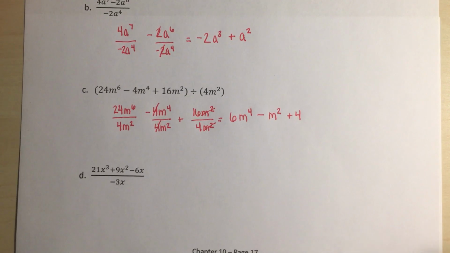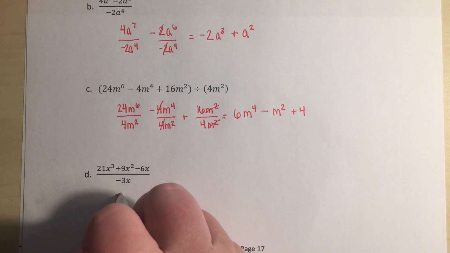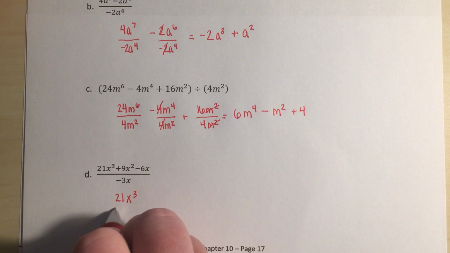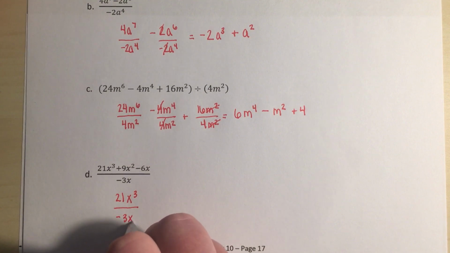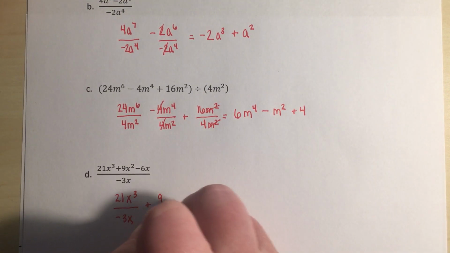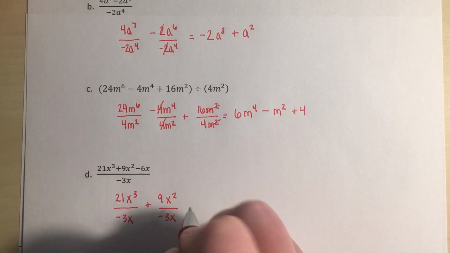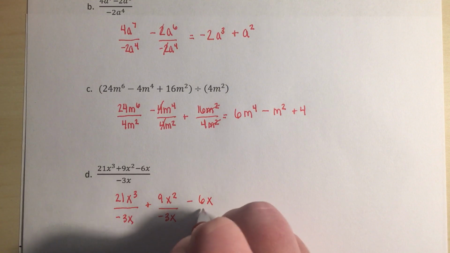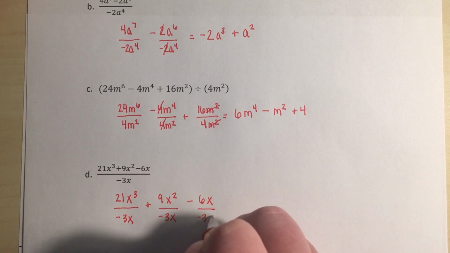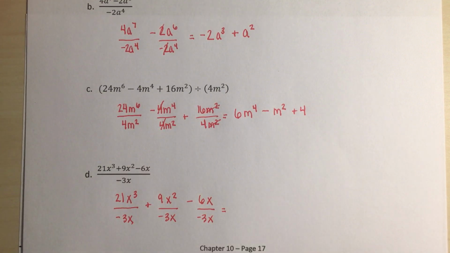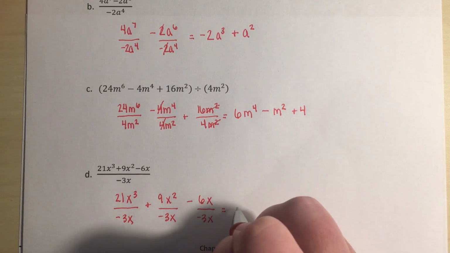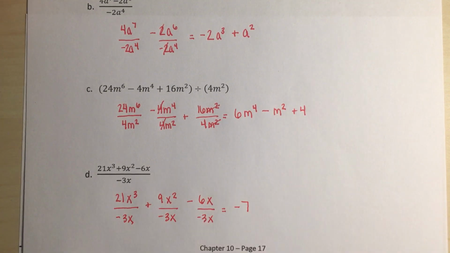All right, one last one. 21x cubed divided by negative 3x plus 9x squared divided by negative 3x minus 6x divided by negative 3x. 21 divided by 3 is going to be negative 7.